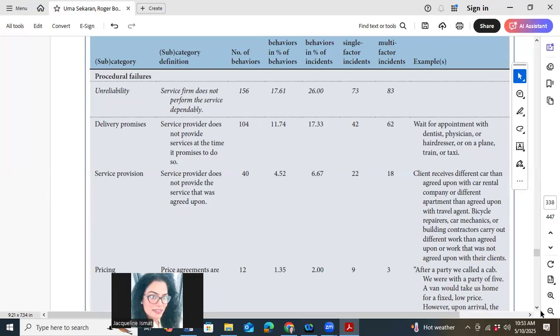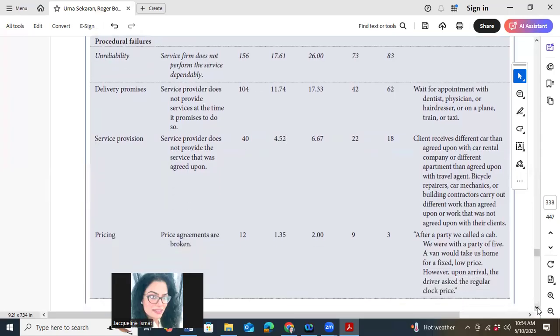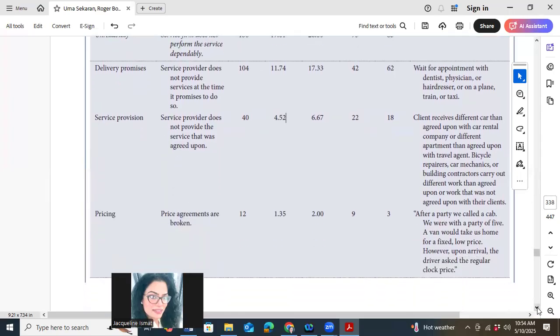Small other figures: after a party, you were with a party of 5, and they take a small or fixed price. When we arrive, the driver asks the regular clock price.